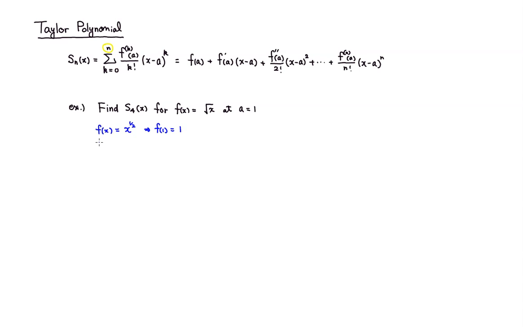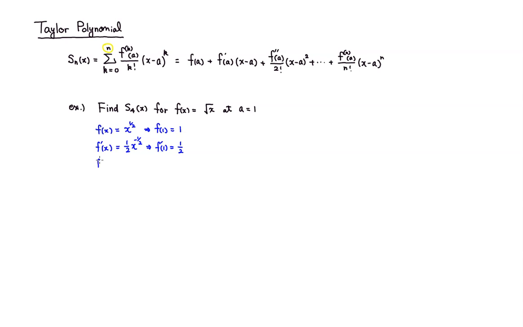The first derivative, f prime of x, is equal to 1/2 x to the, subtract 1, so it's negative 1/2. If you plug in 1, you're going to get, of course, 1/2.